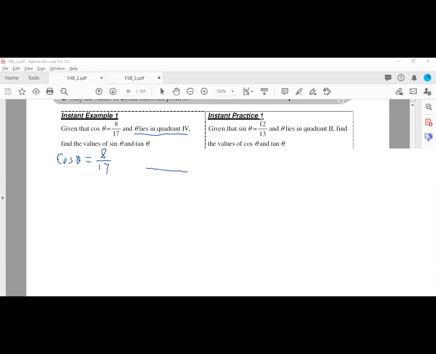Theta is in quad 4, which means that it's 1, 2, 3, 4. Okay, so the side will be in quad 4, and according to the ASTC rule, only cosine is positive. And then we know that sine theta will be negative, and then tangent theta will be negative.